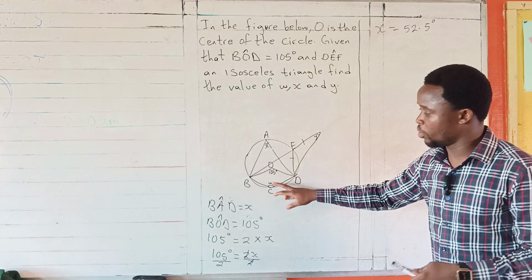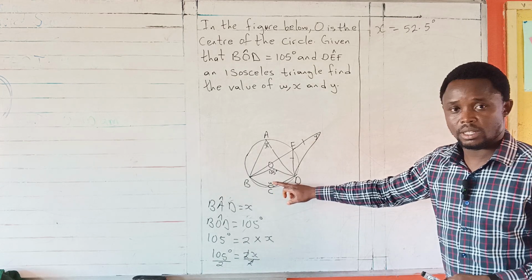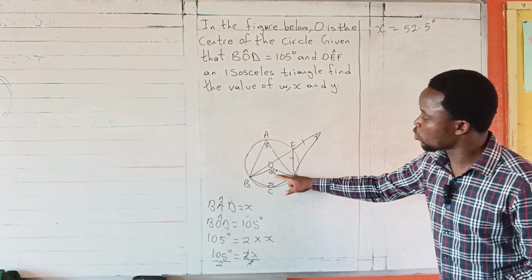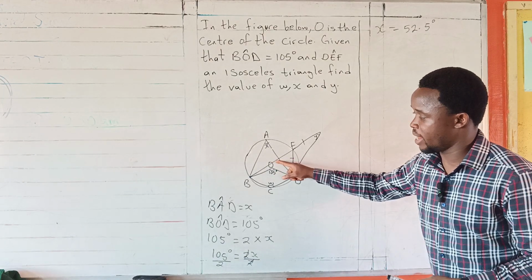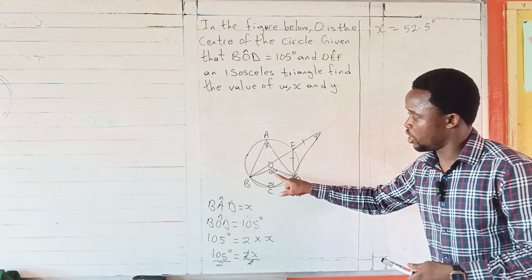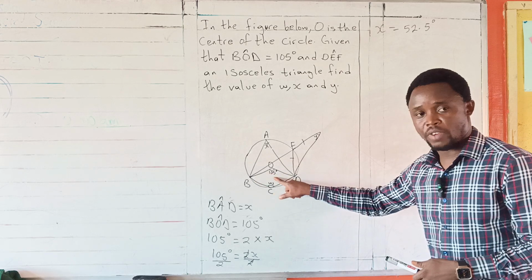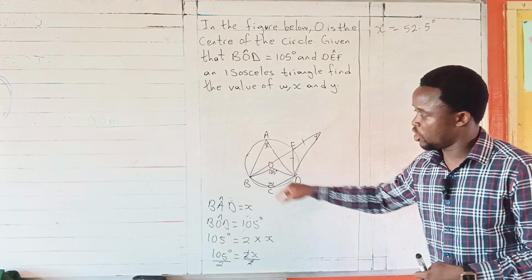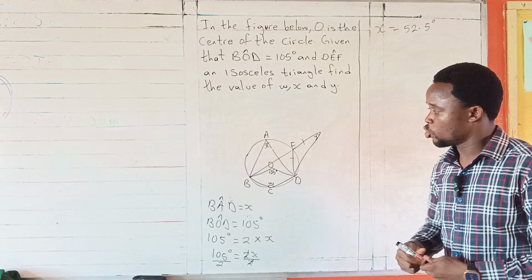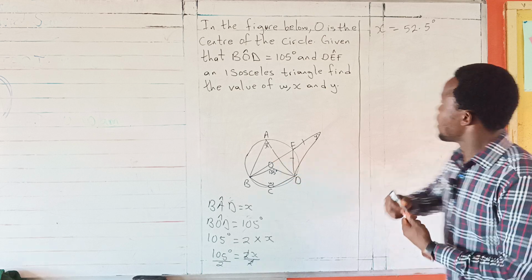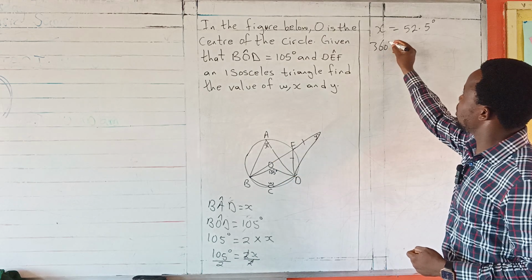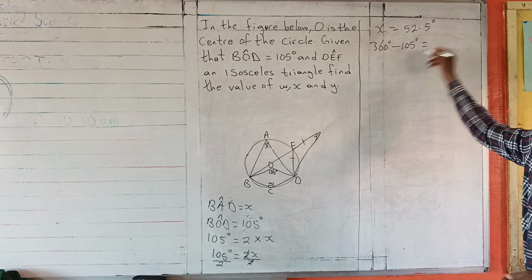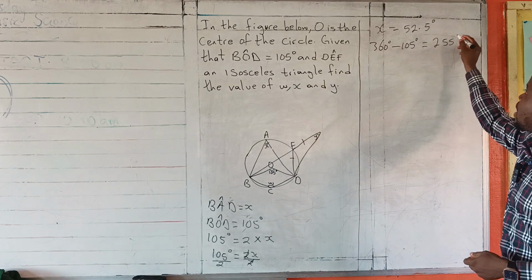Now I want to look for W. For me to know W, I have to know the angle that is outside here. BOD is 105, but the entire angle around the center is 360 degrees. So I do 360 degrees minus 105 degrees, which gives 255 degrees.